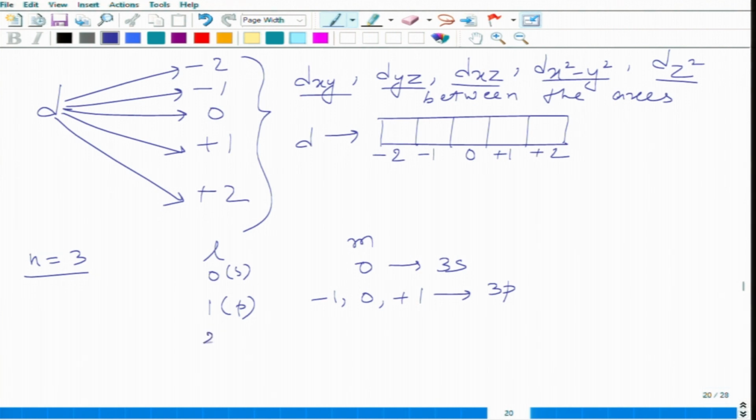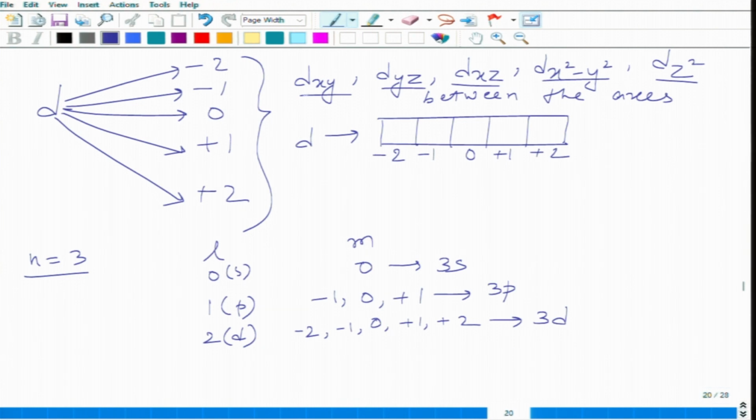Now, for l equal to 2, it will be the d subshell which has -2, -1, 0, +1, +2. This is the 3d.